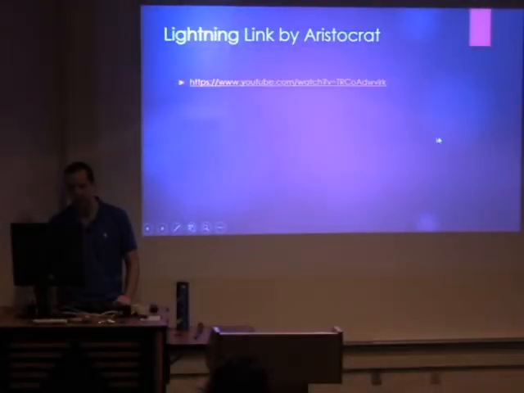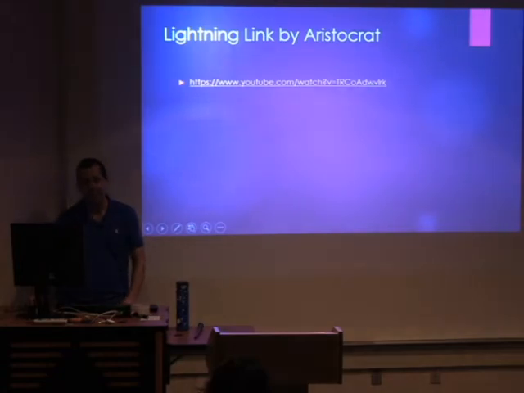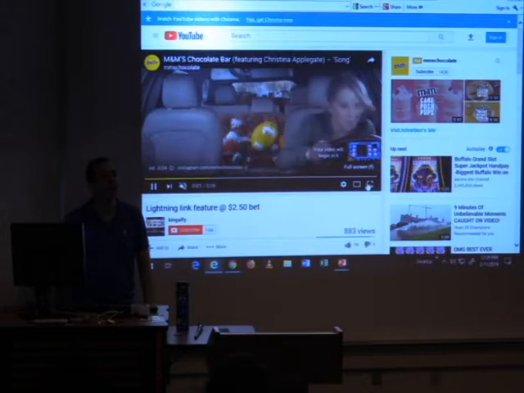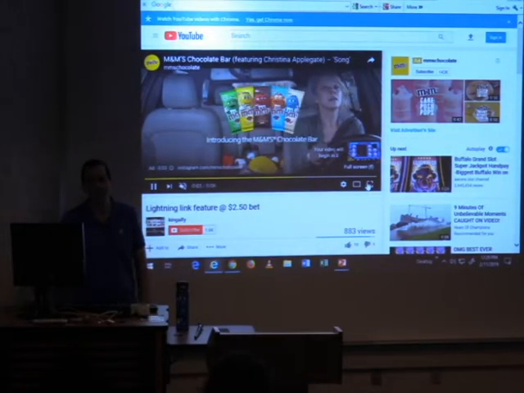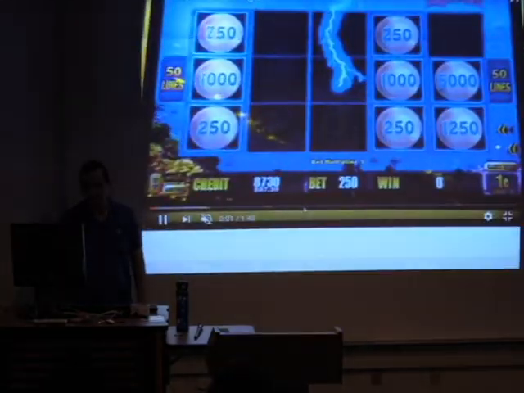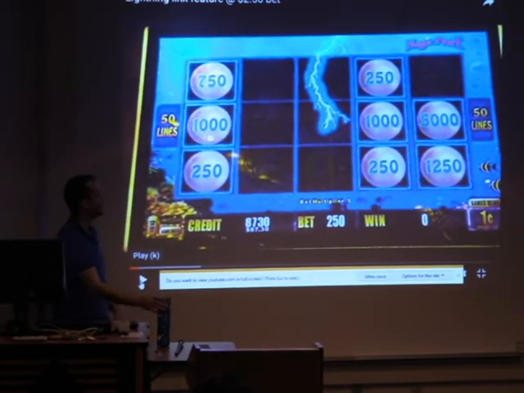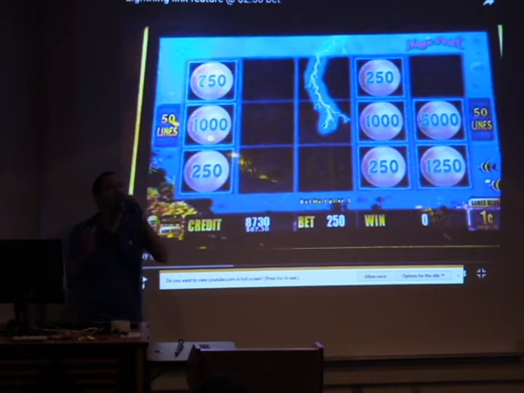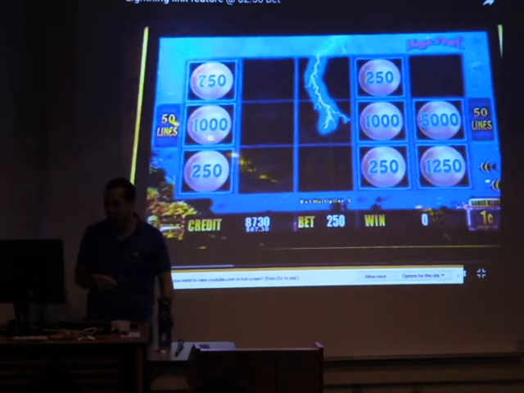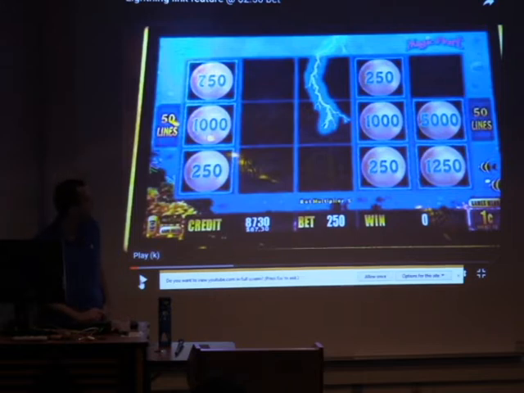Some other tricks. Let's look at, again, one of the most popular, probably, if I had to say, the most popular slot machine game in the last 10 years would be this, Lightning Link. So what happens is, as you're playing the normal game, these circles will pop by. Here we're betting $2.50 a spin.